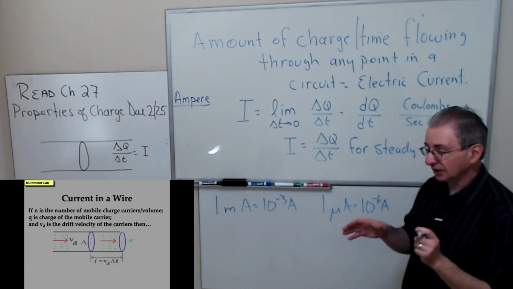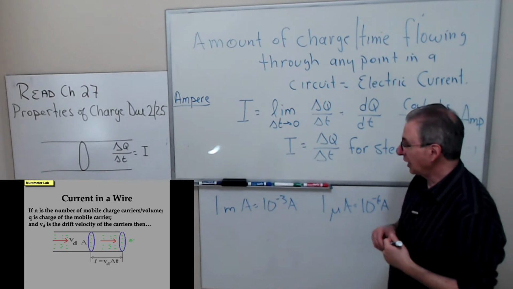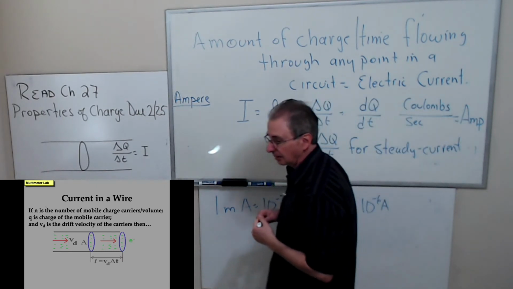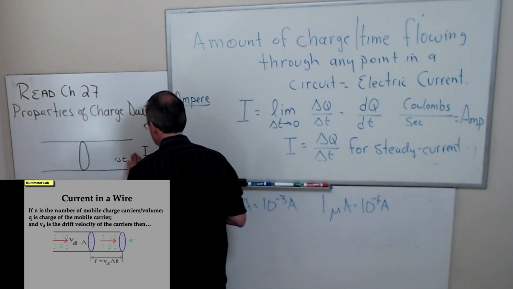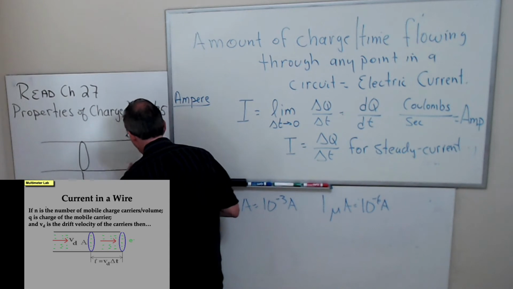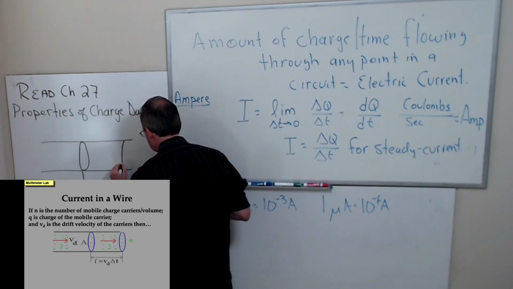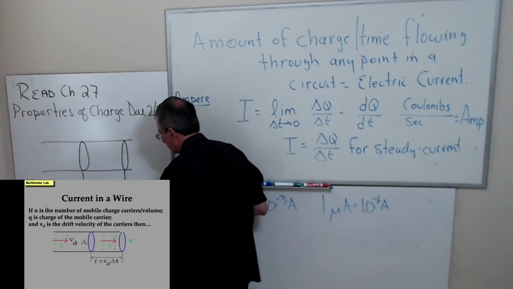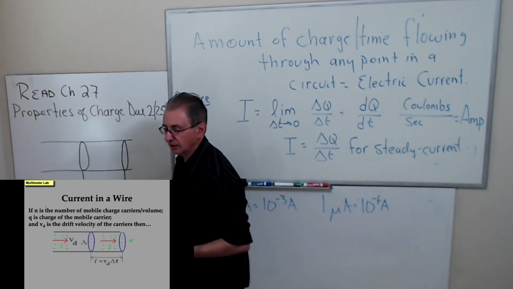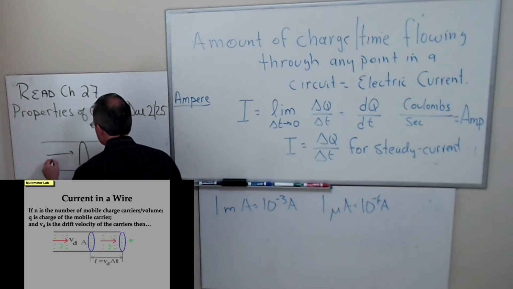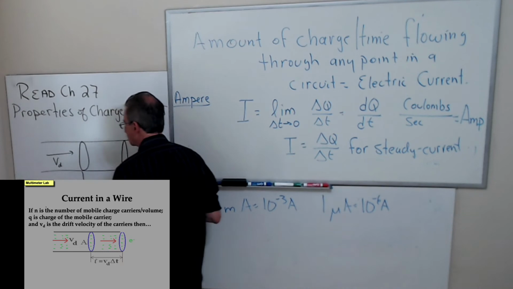We can quickly come up with an equation that describes electric current. Imagine I consider a bunch of electrons flowing from this point in a wire to this point in a wire. Let's imagine that the electrons, on average, are moving with some velocity v sub d.